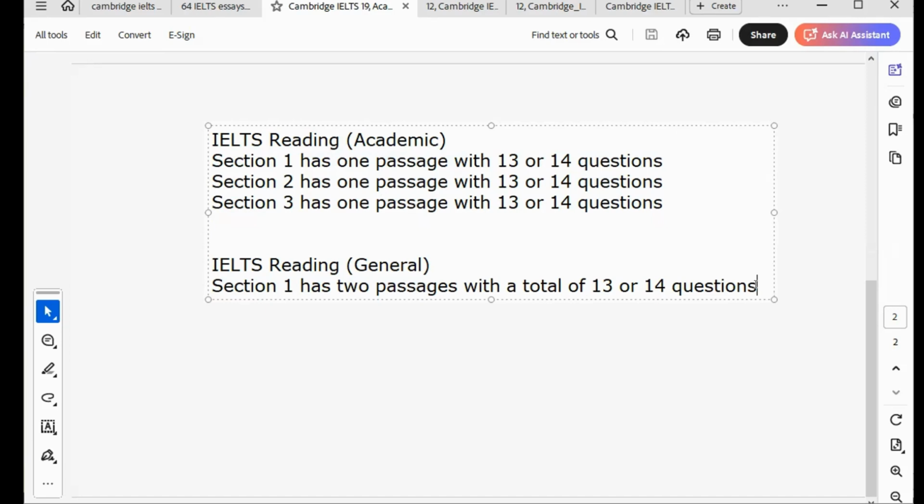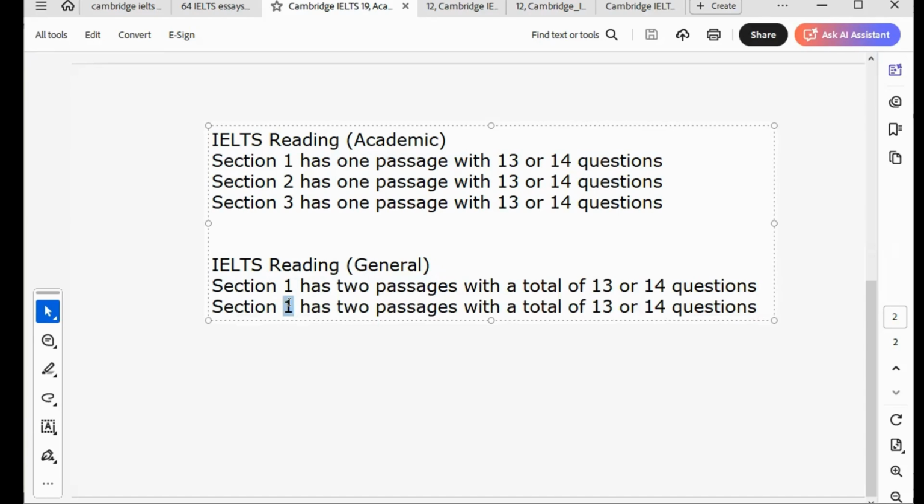And then passage 2 of section 1 will have 6 or 7 questions. Okay, this same thing applies with section 2. Section 2 will have 2 passages with a total of what? 13 or 14 questions. And then final part is section 3. Section 3 will have just 1 passage with what? With 13 or 14 questions.